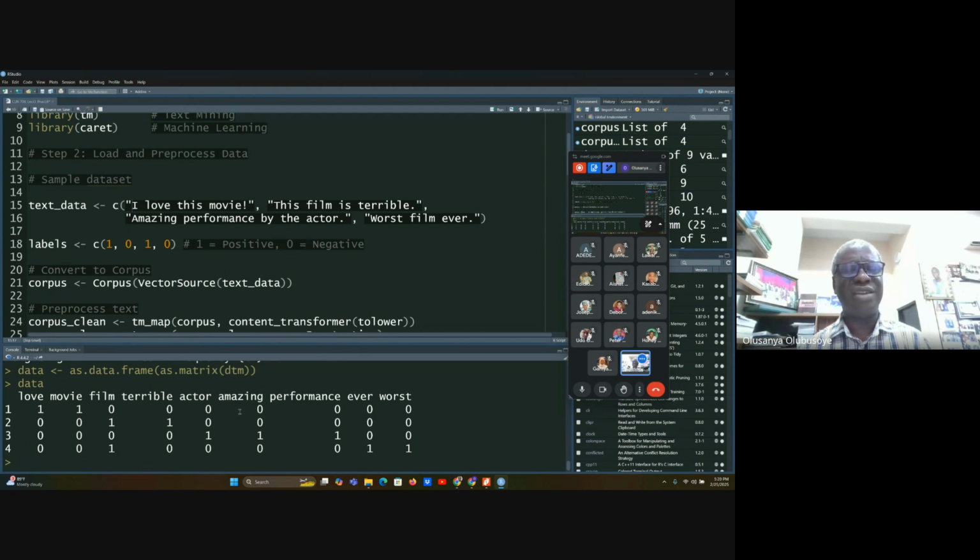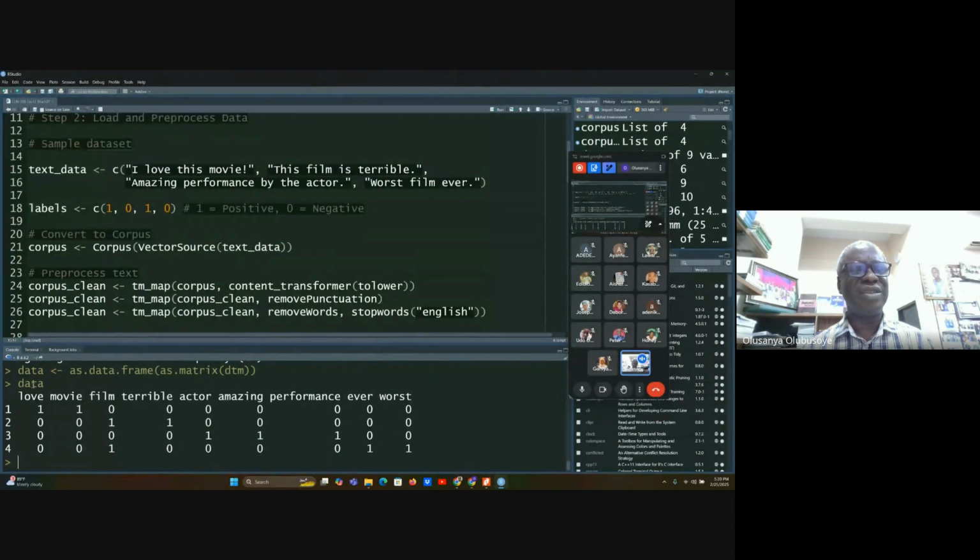That's why 0 is assigned to them. In the second comment, love is not there. I only have this film is terrible. This has been removed. Film is still there. Is is removed. Terrible is there. So we have only film assigned 1, terrible 1, every other one 0. The same thing happens to the rest.